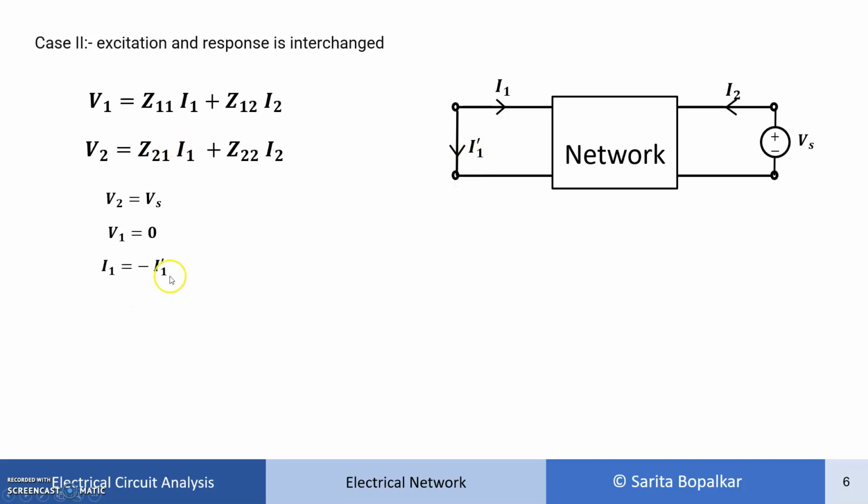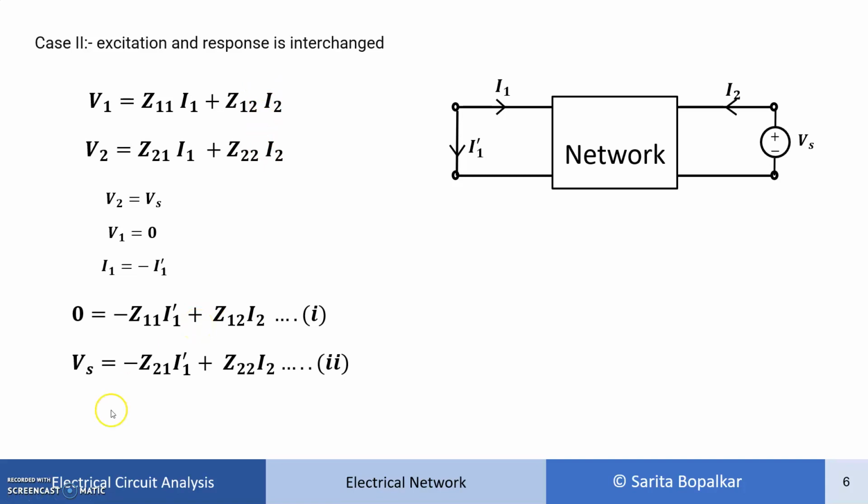Now we'll put these values in our Z parameter equations. First equation: V1 is 0, I1 is minus I1 dash, and I2 as it is. Similarly, second equation: V2 becomes Vs, equal to minus Z21 I1 dash plus Z22 I2. Now we want the ratio of excitation and response. Here excitation is Vs and response is I1 dash, so we have to replace this I2.